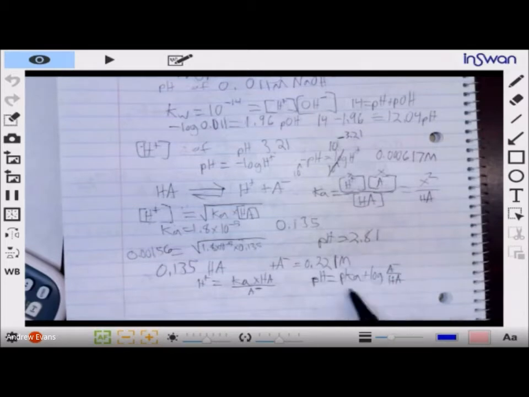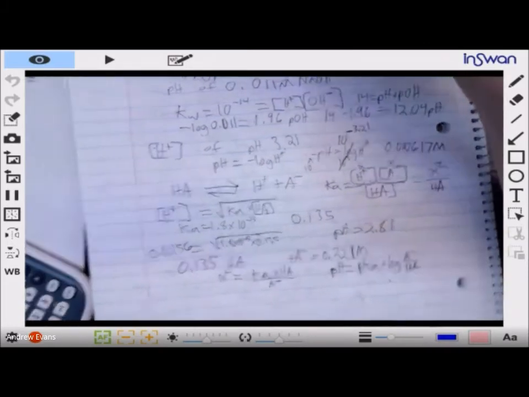But don't feel like you have to memorize or learn this equation at all. It is just a rearrangement. You take the negative log of both sides of this, and you get the Henderson-Hasselbalch. You're just separating out the terms. So don't feel like you have to know that equation.